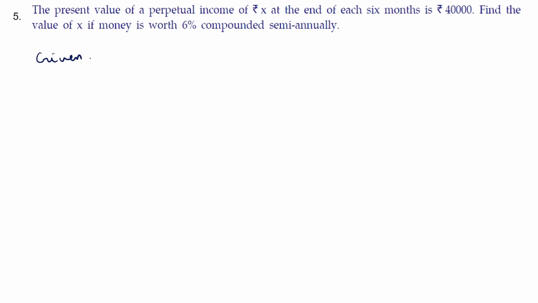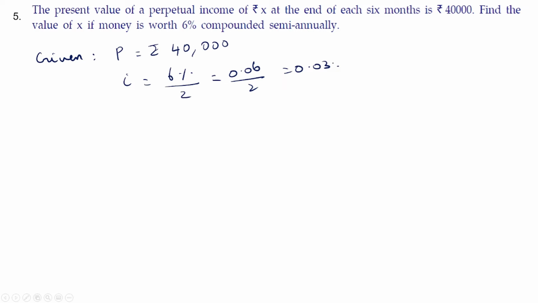Given P is equal to rupees 40,000. I is equal to 6% which is compounded semi-annually. So for 1 year it is 6%, for 6 months it is divided by 2. So 6% by 2 is 0.06 by 2, it is 0.03.